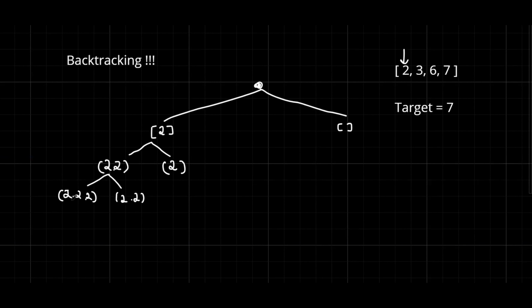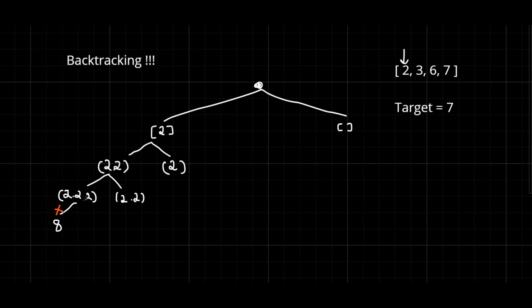Now, for this 2, 2, and 2, we can include one more 2. But wait, if we include one more 2, the summation will become 8, which is greater than our target 7. So it does not make any sense to explore the graph further from this point, because the summation will exceed the target.